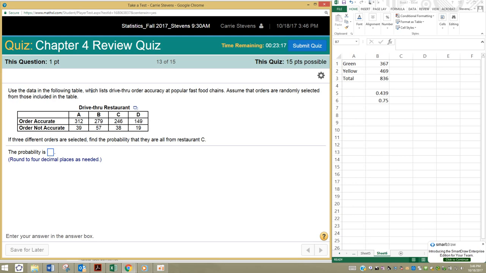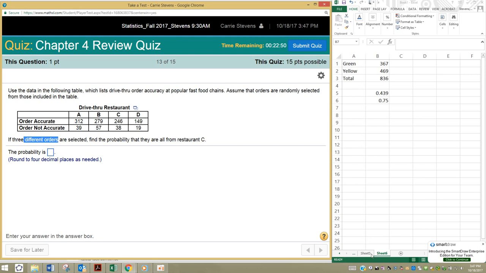Use the data in the following table, which lists drive-through order accuracy at popular fast food chains. Assume the orders are randomly selected. If 3 different orders are selected, this and then this and then this, so it's 2 and thens. Find the probability that they are all from restaurant C. And they're going to be different orders, which means we're not replacing them.